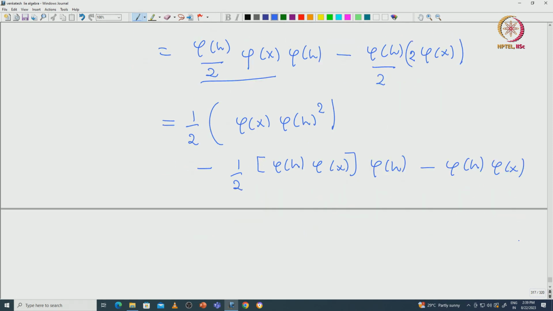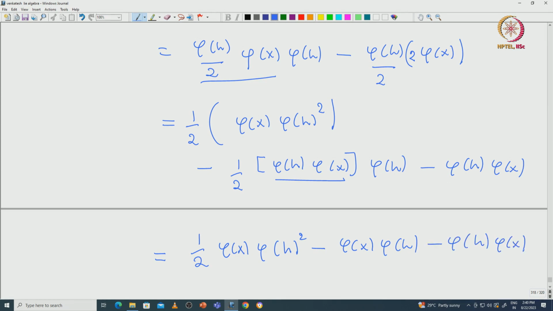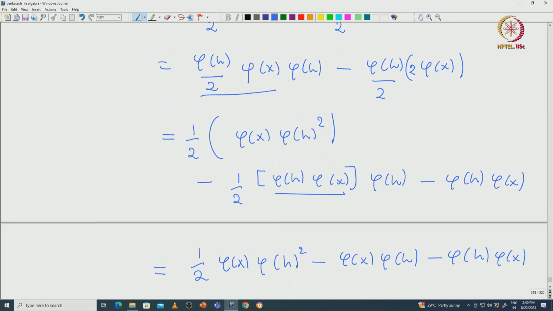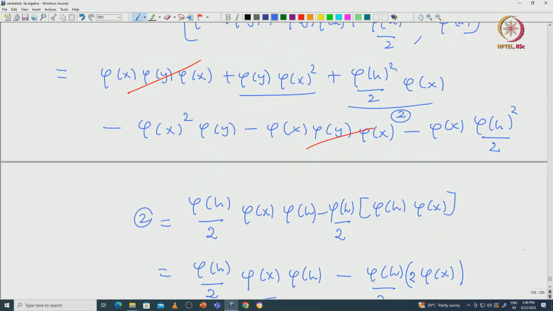Then you can see that this is going to give you 1 by 2 phi x phi h square, and then this is going to give you 2 x. So if you put 2 x there, you get phi h phi x phi h and then minus phi h phi x. So, this is the term 2.